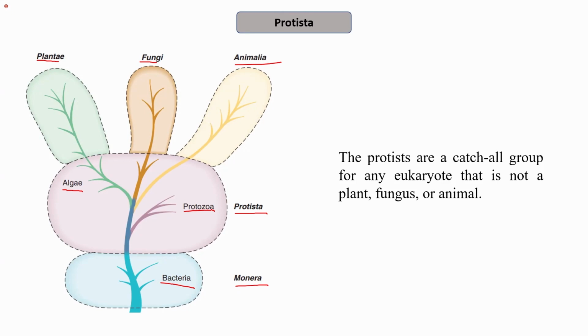While we learned about the 5 kingdom classification that was given by R.H. Whittaker, one of the limitations was that the kingdom Protista included many eukaryotic cells, organisms that were not of very similar types.